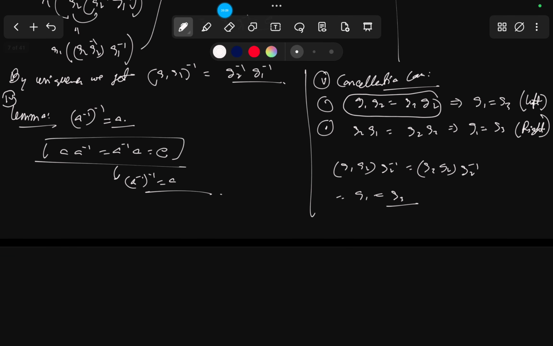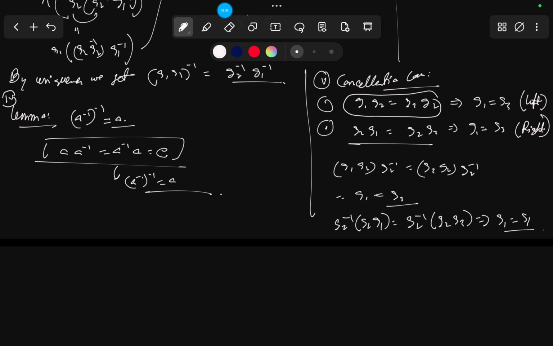For the second one, I multiply by g2 inverse from the left, and we get g2 inverse g2 g1 is the same as g2 inverse g2 g3, which is basically g1 is the same as g3. So that's why the group operation has the cancellation law from both sides.